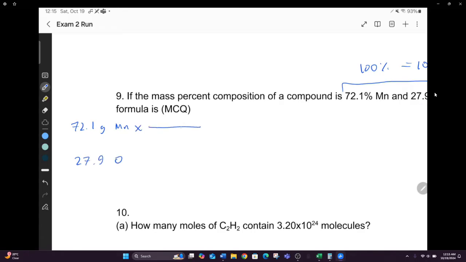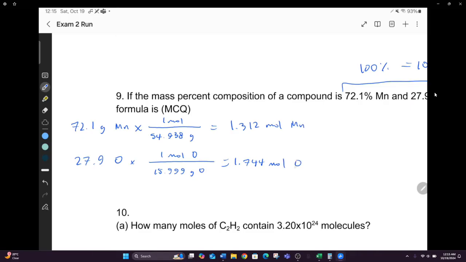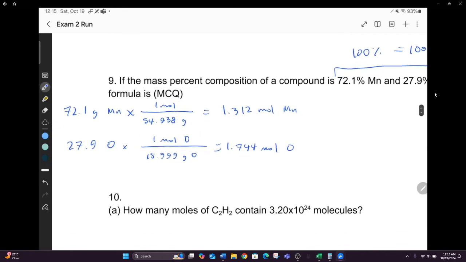You find the molar mass of Mn from your periodic table: it's 54.938 grams for 1 mole. For oxygen, 1 mole is 15.999 grams. Plug those into your calculator, and you should get 1.312 moles of Mn and 1.744 moles of oxygen.